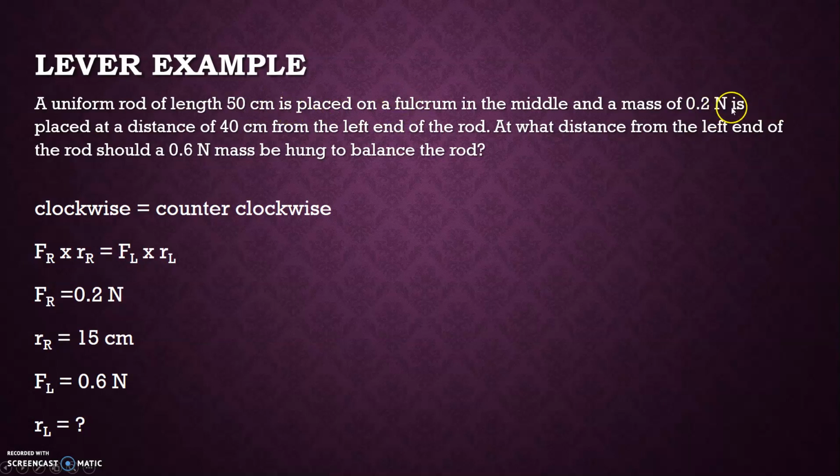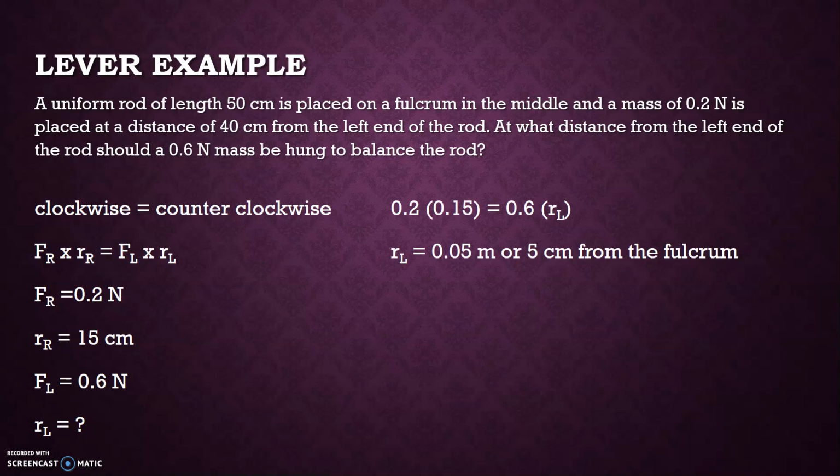And the 0.2 newtons is placed at a distance of 40 centimeters. So it's a little bit beyond that 25. And so we have to take into account 40 minus 25, which gives us 15 centimeters. This is the important part: the 15 centimeters came from the fulcrum to where the force is.